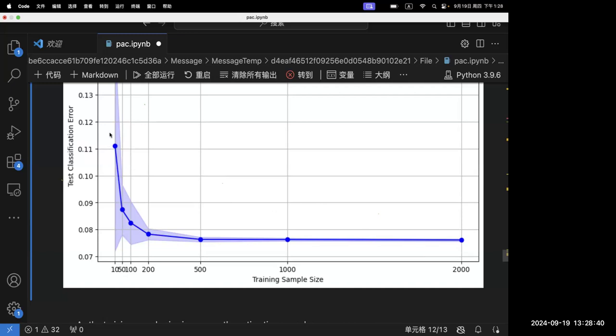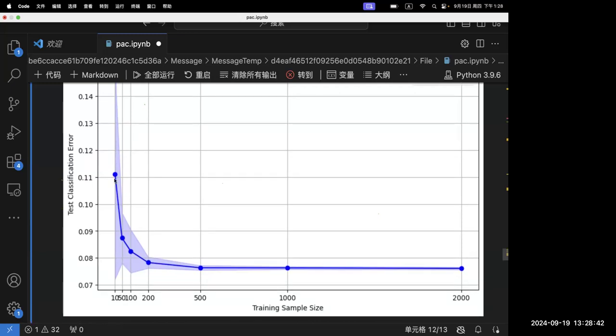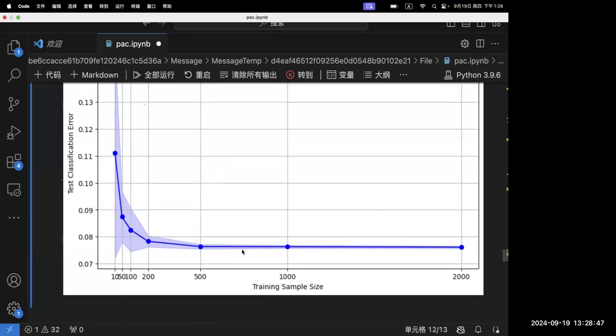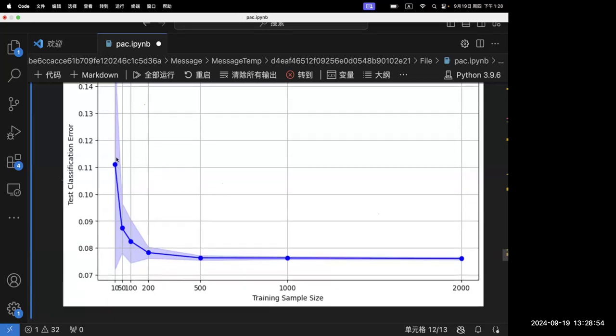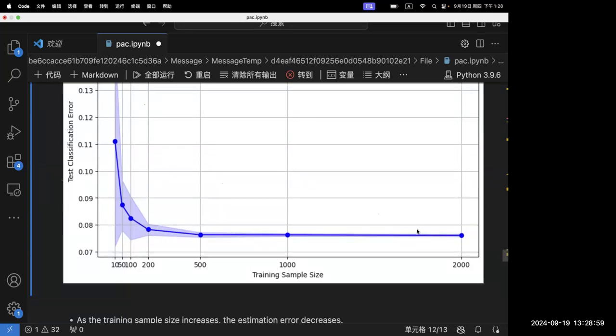We can also observe that the margin, the standard deviation of the error, also decreases asymptotically. As we mentioned, this corresponds to a decrease in the estimation error. And eventually we can see that at a certain point, the performance of our model converges, and it will not decrease further.